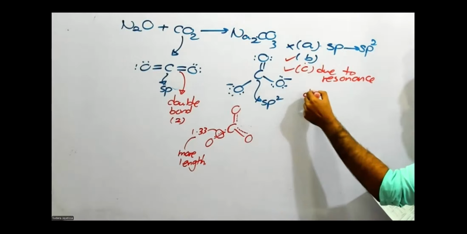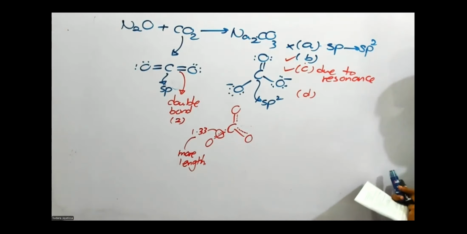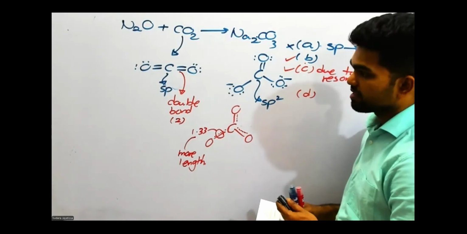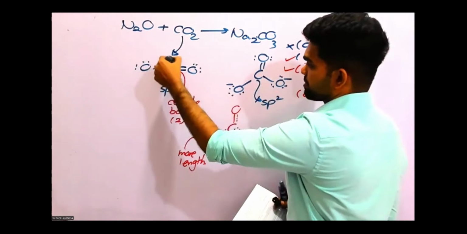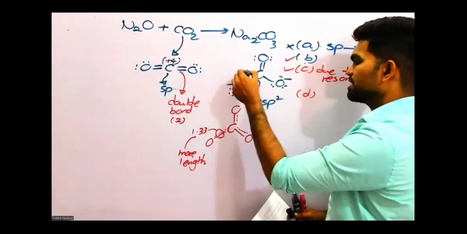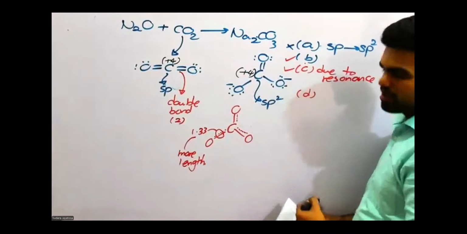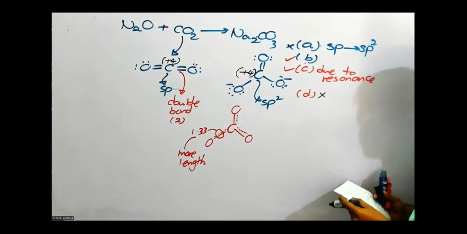And statement D, oxidation state of carbon atom changes. Now, if you find the oxidation state, the carbon in carbon dioxide is +4. It loses 4 electrons to the oxygen. And the same thing happens here also. Oxidation number of this carbon is also +4. So oxidation number is not changing. It is staying the same.